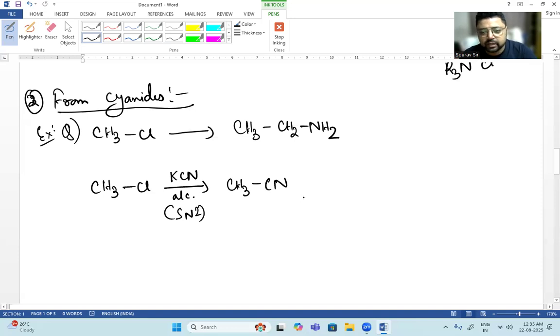will undergo SN2 reaction. Now, we have to add here any reducing agent like LiAlH4 or H2/Ni. Okay, we can use LiAlH4, H2/Ni, or even we can use sodium over ethanol.